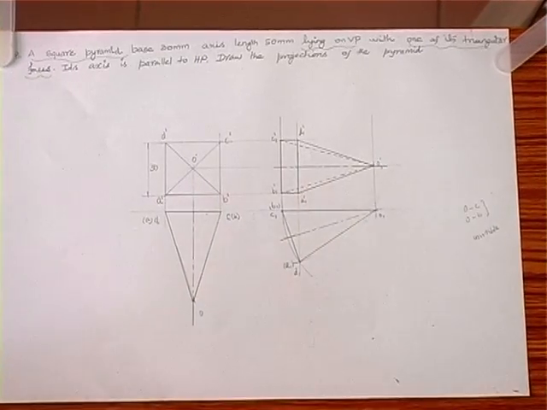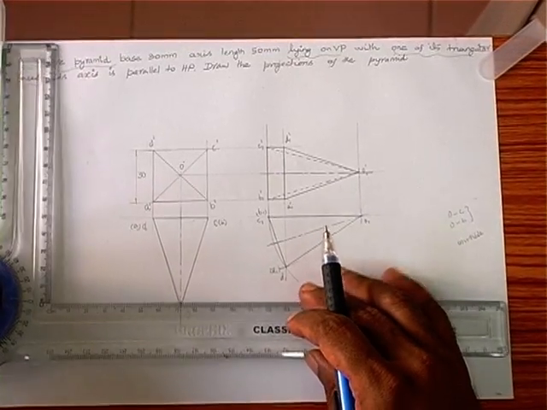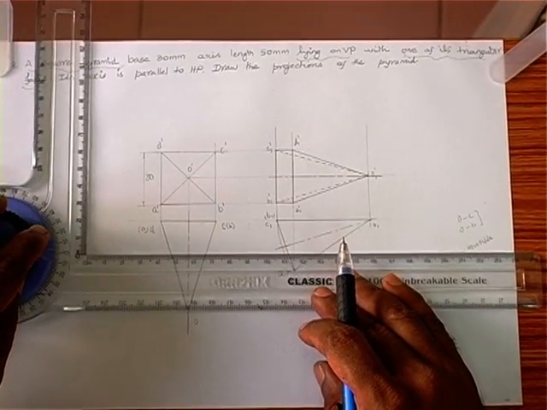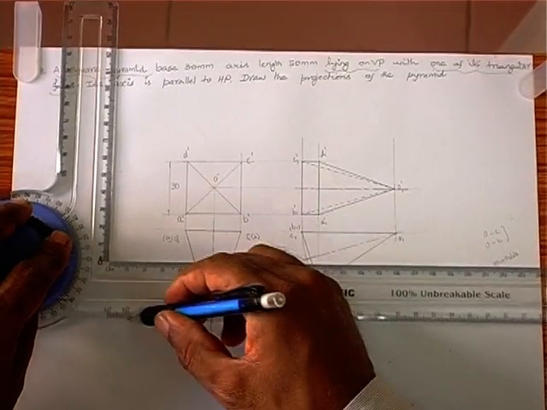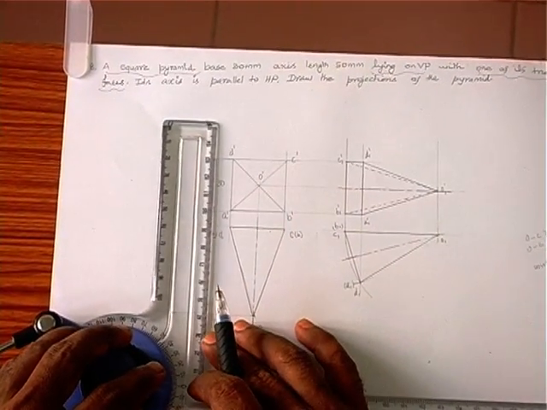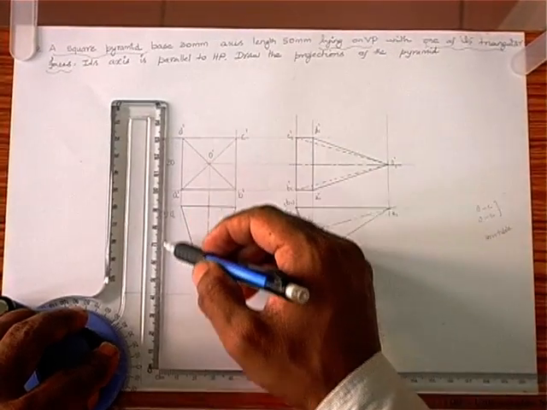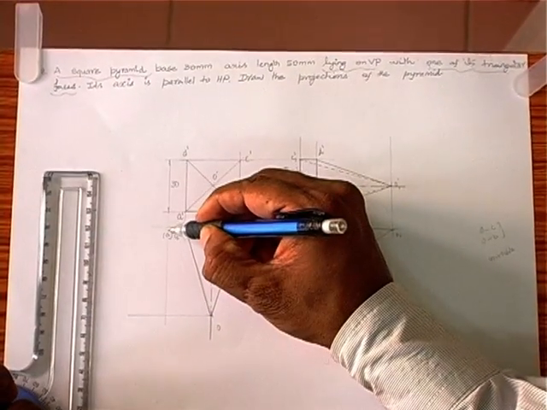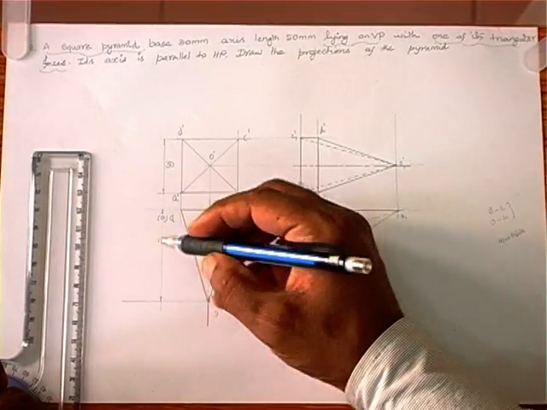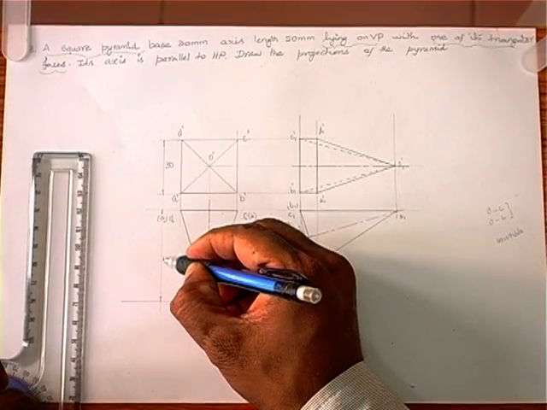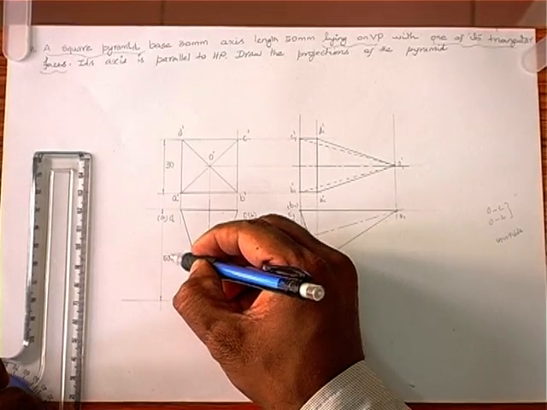Given the axis height is 50 mm. So draw one horizontal through this vertex, and extend this extension line here also. With the help of small arrows, we introduce the exact height, that is 50 mm.